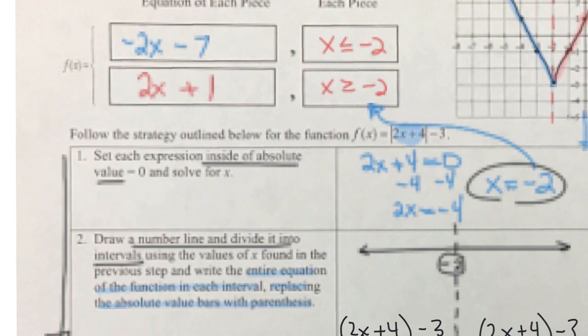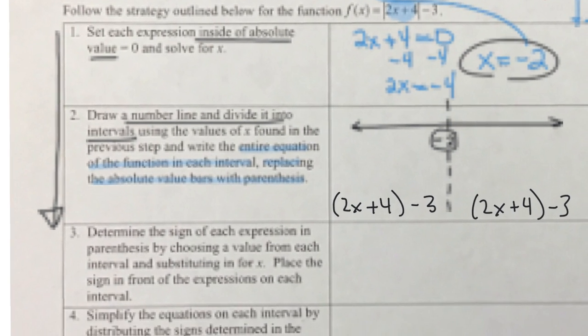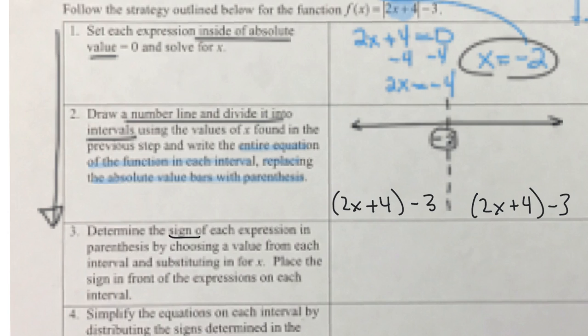Then the next step is to determine the sign, whether it's a positive or a negative. We're going to determine whether we have a plus or a minus in front of each of these equations. So is that going to be a positive value or a negative value? We do that by choosing an x value in the interval.